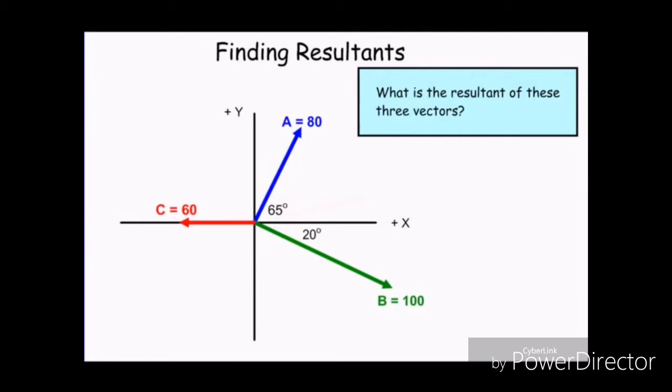So I have these vectors A, B, and C. And if I use the head to tail method, I can take vector B and move it so that its tail sits on the head of vector A. And now I can move vector C and place it at the tail of vector B. And the resultant connects the beginning, or the tail of vector A, to the head of vector C, from the beginning to the end, and you have it right there.